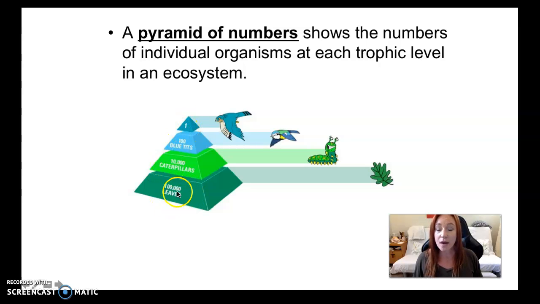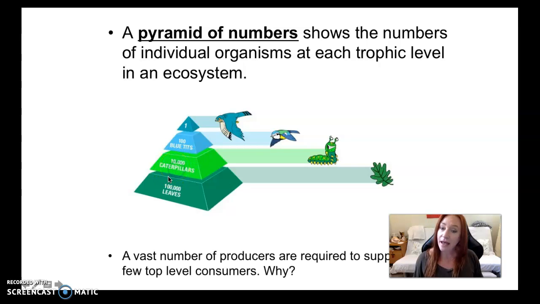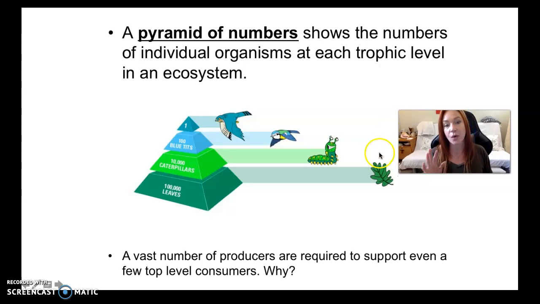If we have 100,000 leaves on a tree, let's say, those 100,000 leaves will support 10,000 caterpillars. 10,000 caterpillars only supports 100 small birds, and those 100 small birds will support one apex predator. In this case, it's a hawk. Okay? So that's how we get the numbers of organisms that we see in an ecosystem.